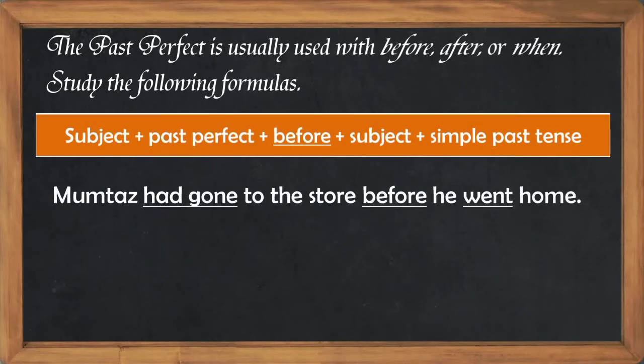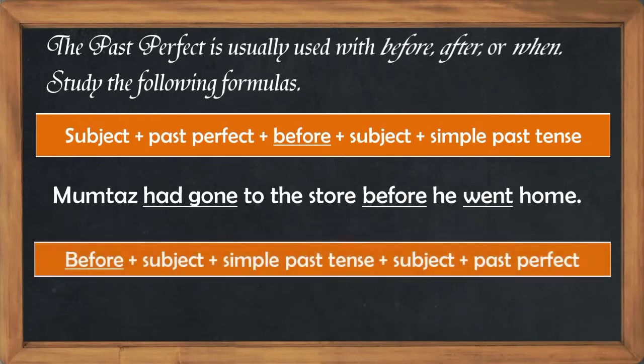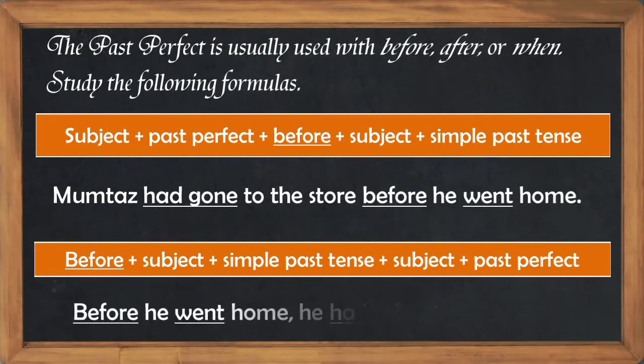Pelajari rumus berikut. Subject plus past perfect plus before plus subject plus simple past tense. For example, Mumtaz had gone to the store before he went home. Or you can use the word before in the beginning of a sentence. Atau Anda bisa membalikkan polanya.